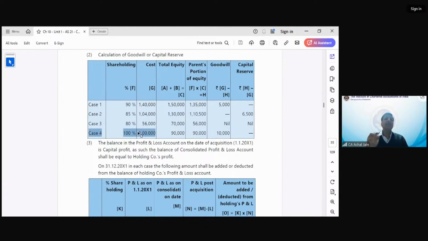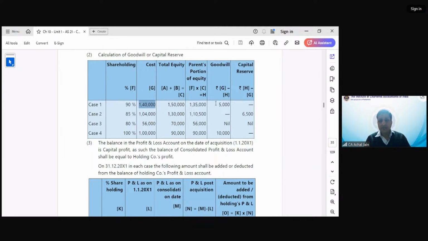Otherwise, what is it that you are required to do? You are required to pick up proportionate net assets, proportionate net assets in each case. And this amount of proportionate net assets you will compare with the purchase consideration. These are the two amounts that you will use for your calculation. So for case 1, what do you get?